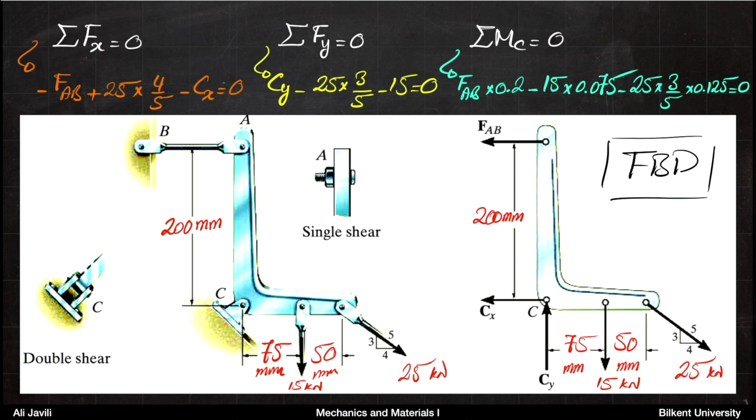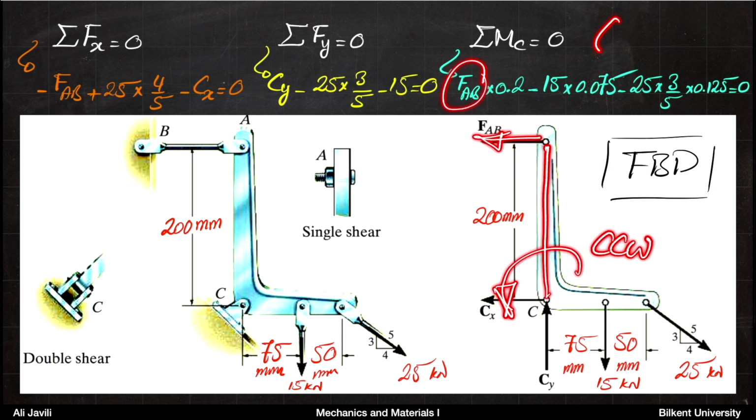Then you write the balance of moment with respect to C. With respect to C, you have the force FAB with the distance 200 millimeter. The moment that the force FAB would cause with respect to C is counterclockwise, and assuming that the counterclockwise direction is positive, we write this with a plus sign.